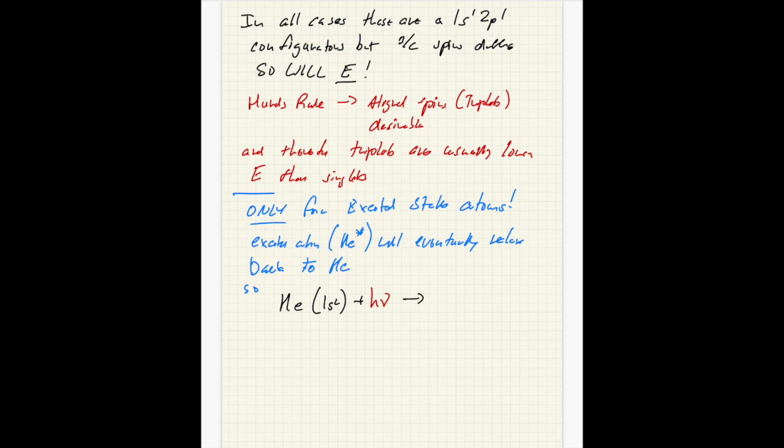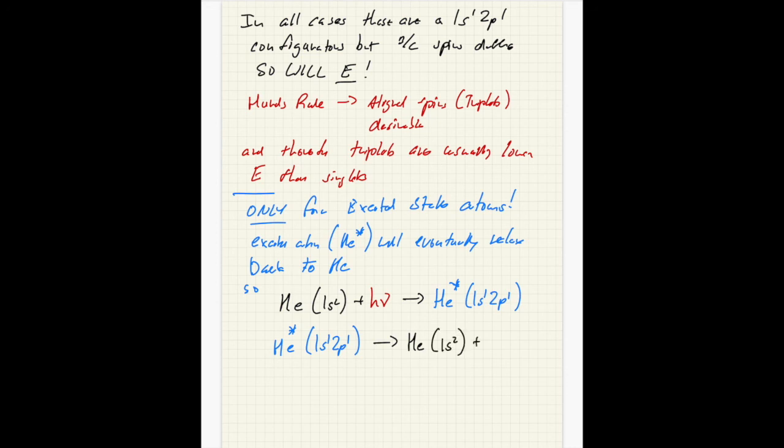And again, here's the word, higher lying. Because it's promoted, it's closer to the vacuum level, right? That means it's higher in energy with respect to, say, a core electron, but it's closer in energy to running away. The electron would have a decreased ionization potential because it's closer to the vacuum level.